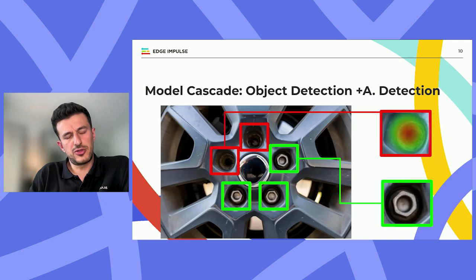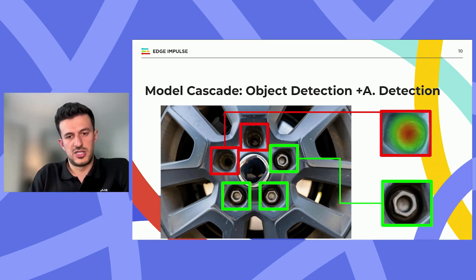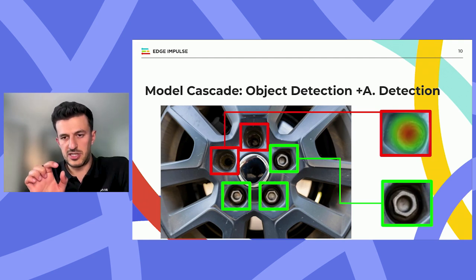One of the good use cases that you could do in the platform is mixing anomaly detection with object detection. This is a really powerful combination because in a lot of industrial use cases, you don't want to do anomaly detection in the whole image. You want to do it in certain areas, and you could decide and find that specific area by running an object detection model.